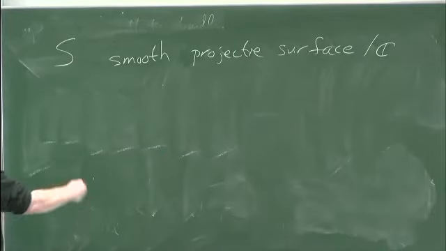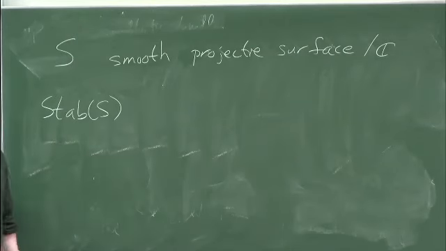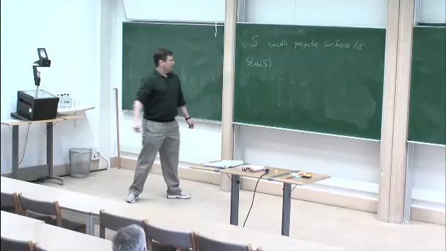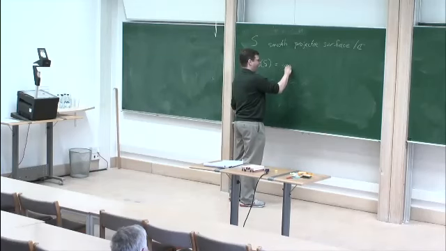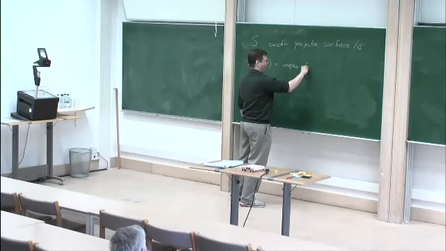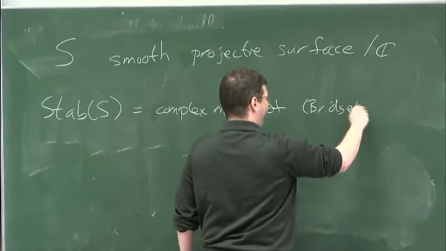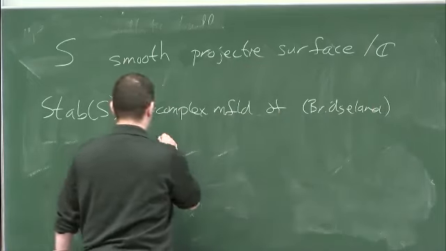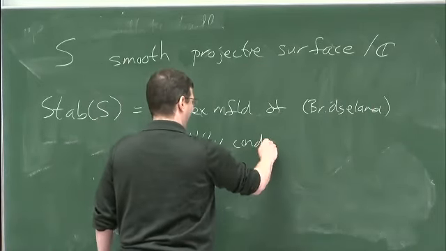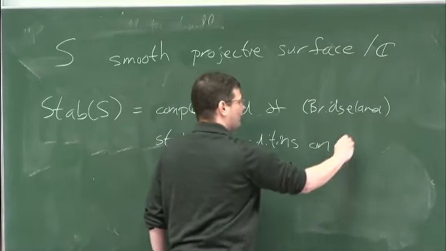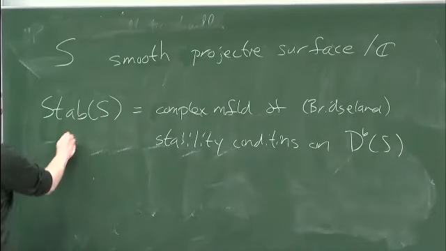So we now know that the stability manifold of S, which I'll describe in some detail later, is a complex manifold of Bridgeland stability conditions on the derived category of coherent sheaves on S. We now know at least that this is not empty.